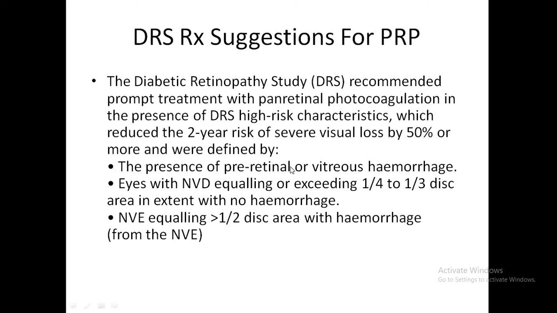So it's a complex criteria, but the presence of preretinal or vitreous hemorrhage and eyes with NVD or NVE, usually NVE more than half disc with hemorrhages, usually are high risk factors, and prompt pan-retinal photocoagulation is needed.